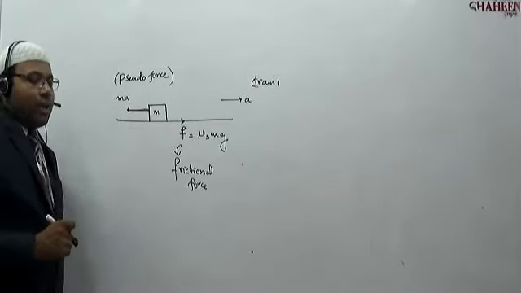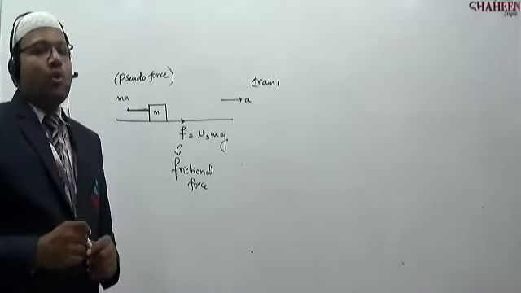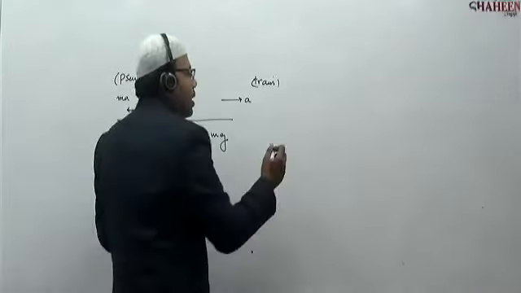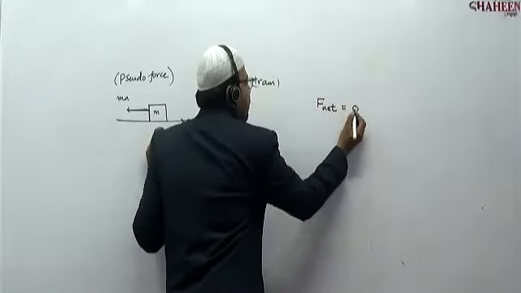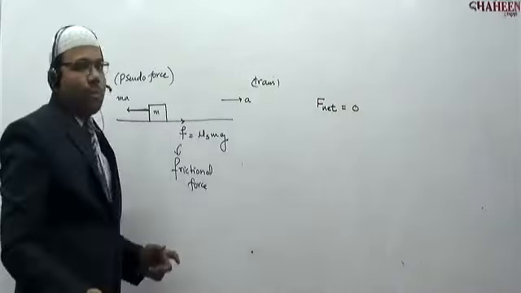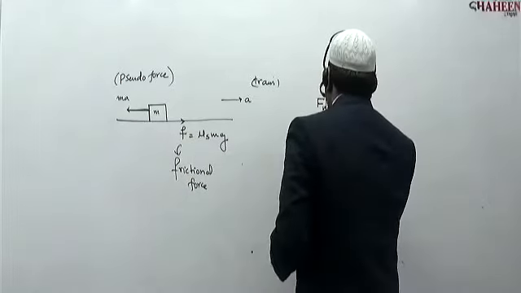And it is clearly said in the question, the block is stationary, it is not moving. So F net will be 0 because it is stationary. This force must be equal to this force. So therefore, this is ma, and this is acting in the opposite direction. So therefore, we can say it is minus.